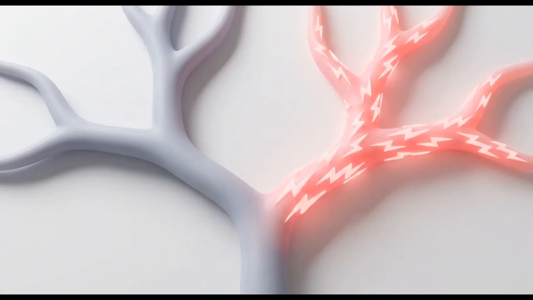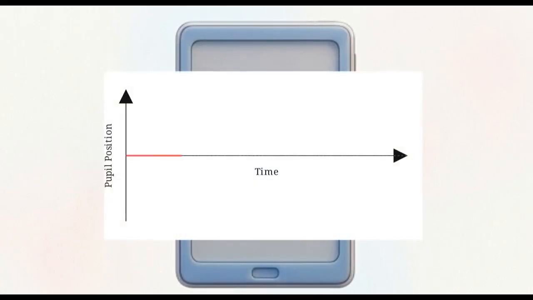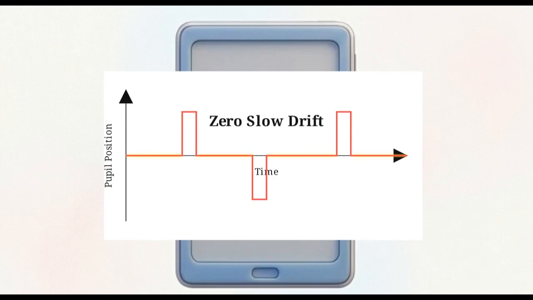We move to the second half of the diagnostic tree, Saccadic Oscillations. Here, the motor system fires without restraint. Look closely at the red trace on this graph. Notice the perfectly flat horizontal lines between the vertical spikes. There is absolutely zero slow drift. Between saccades, the eye is completely still.